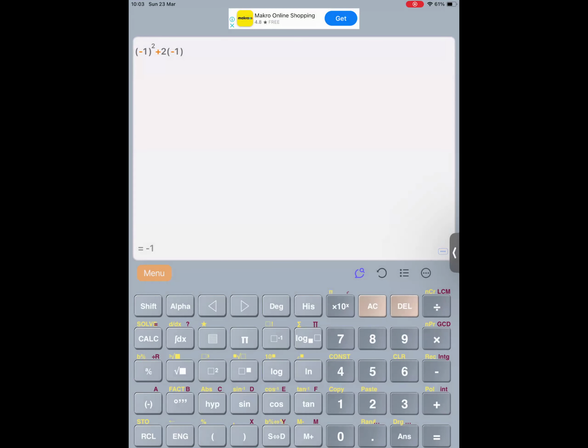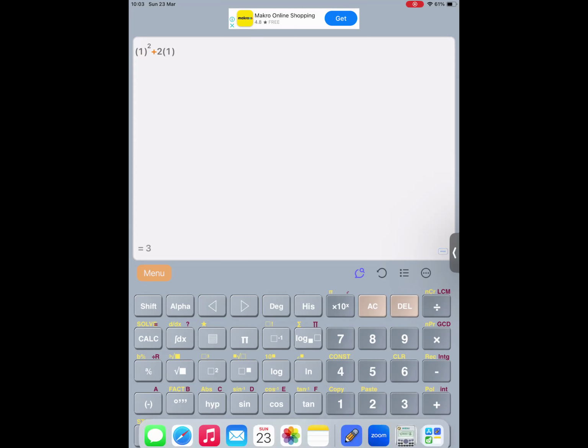Now, for values that are greater than 0, I chose 1. It gives me +3.